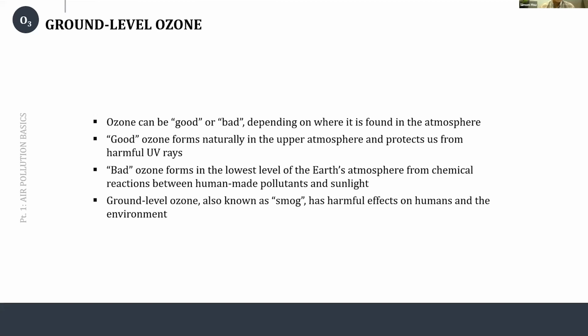This is in contrast to the ground level ozone that I'm talking about here, which is bad ozone. It forms in the lowest level of the Earth's atmosphere, and it's entirely from chemical reactions between human-made pollutants and sunlight. And it's this ground level ozone, also colloquially known as smog, that has harmful effects to humans and the environment.